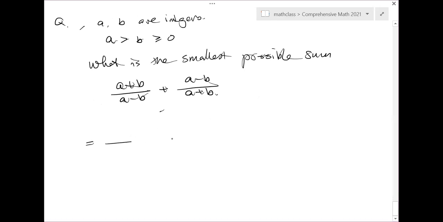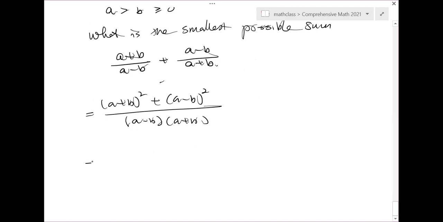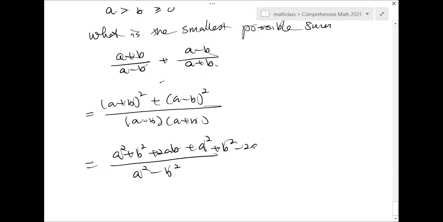I would probably just combine them into one term. So with A minus B and A plus B, here we have A plus B squared and A minus B squared. Let's see what we can get. The denominator is A squared minus B squared. The numerator is A squared plus B squared plus 2AB plus A squared plus B squared minus 2AB.